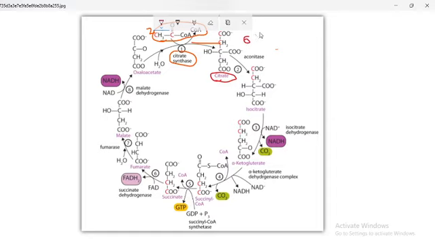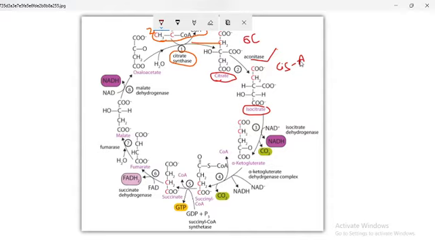The next step is this citrate is converted into isocitrate by the action of the enzyme aconitase, but an intermediate is formed, the cis compound called cis-aconitate.